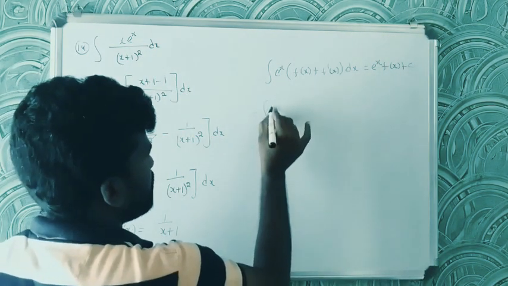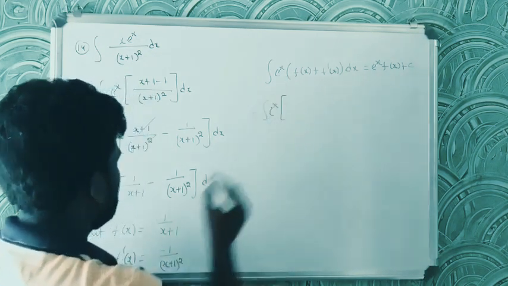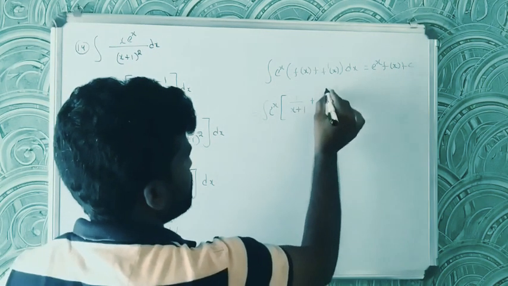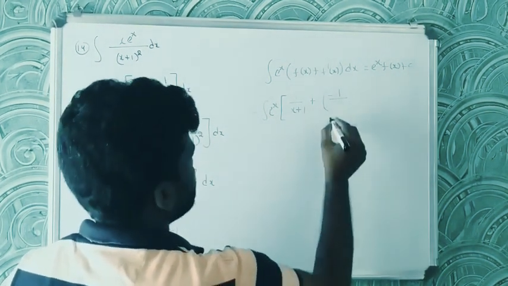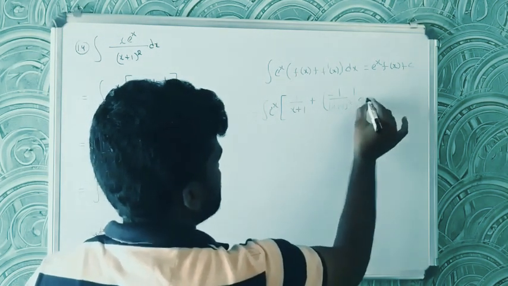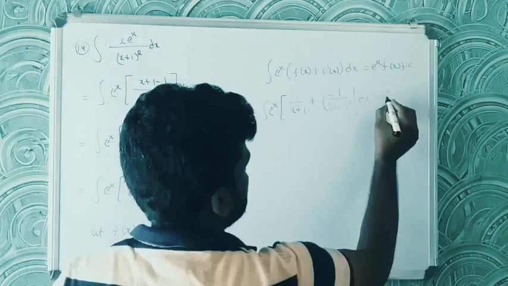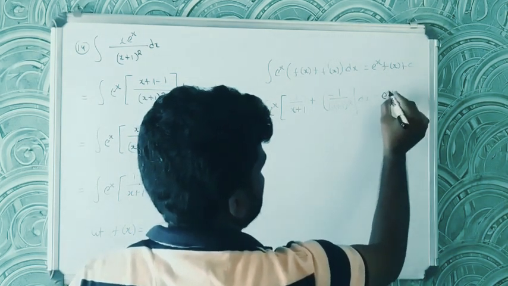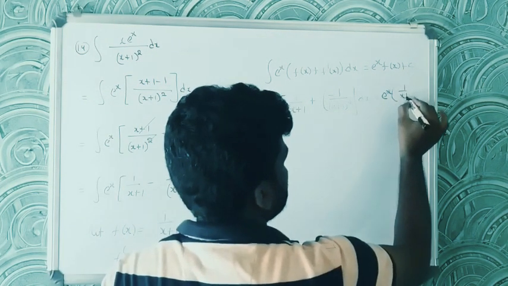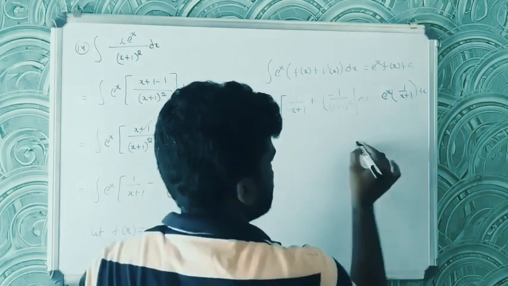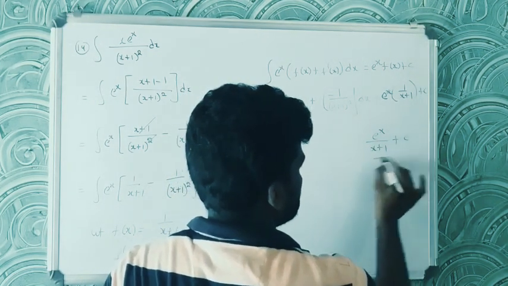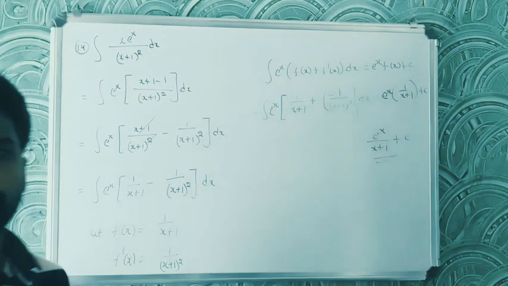So integration of e power of x into 1 by x plus 1 minus 1 by x plus 1 whole square into dx is equal to e power of x into f of x, that is 1 by x plus 1, plus c. So e power of x by x plus 1 plus c. This is problem number 14.